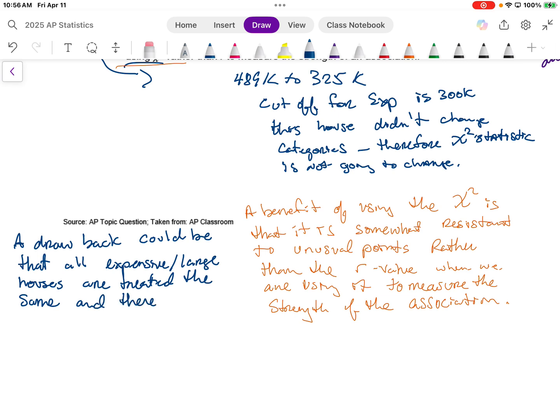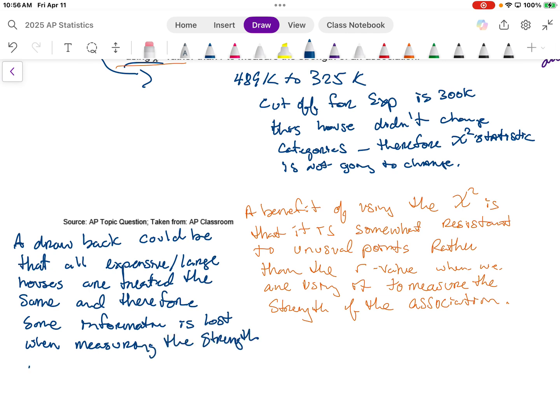And therefore, some information is lost when measuring the strength of the relationship. Okay.